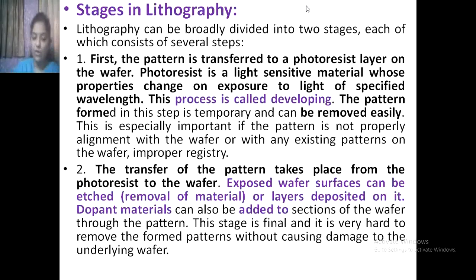Dopant material can also be added to sections of the wafer through the pattern. This stage is final and it is very hard to remove the formed patterns without causing damage to the underlying wafer.